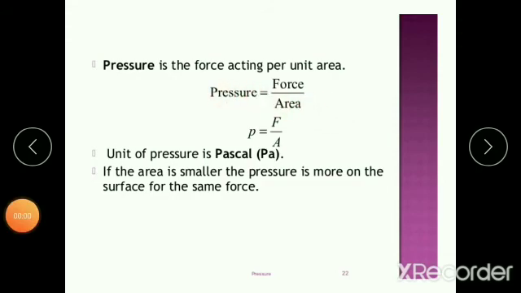So what is the pressure? Pressure is a force acting per unit area, that is pressure equals force by area, and the unit of pressure is Pascal. If you increase the area, the pressure will be less. If you decrease the area, the pressure will be more for the same force.